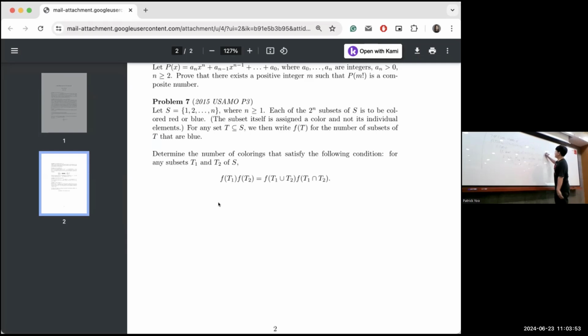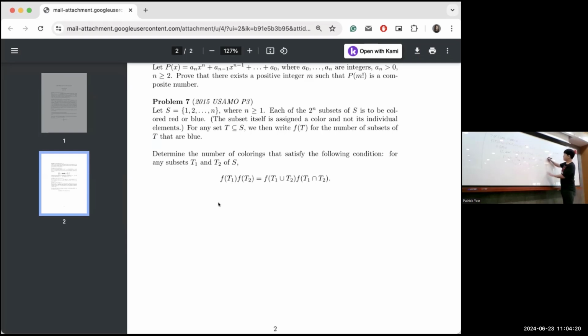So now we have the idea to take some subset C with elements C1, C2, all the way to CT, where these are the elements such that their single element subsets are blue.